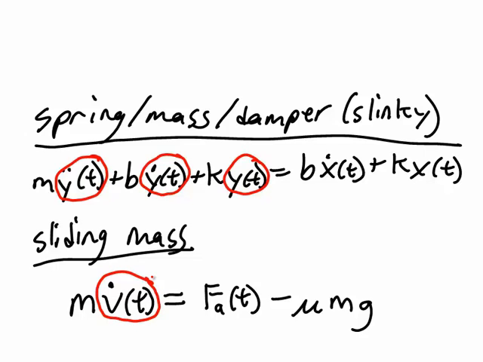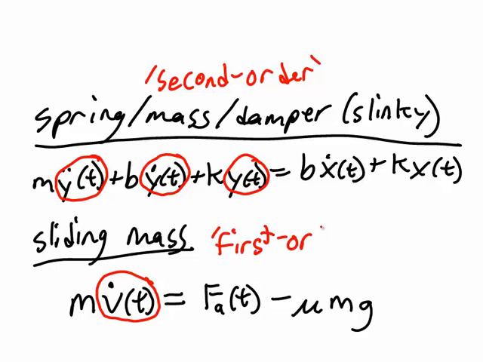This is what we mean mathematically when we call a system second order or first order. A system that only has the first derivative of the output in the equation is called a first order system. A system that has the second derivative of the output is called a second order system.